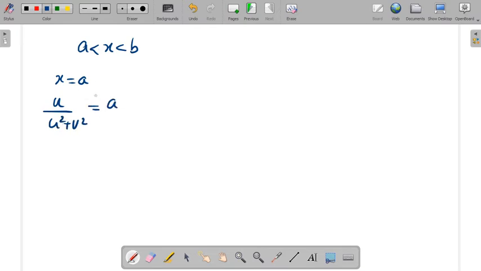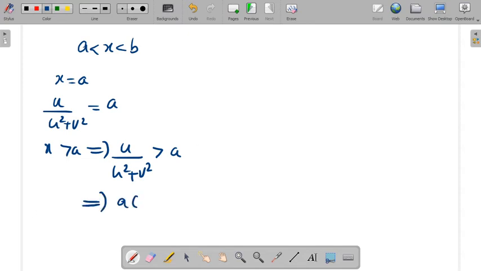So x greater than a means u by u square plus v square is greater than a, or you may write this as a into u square plus v square minus u less than 0. Taking this to the right side, it becomes a into u square plus v square. Taking this to the other side, this should be minus u.